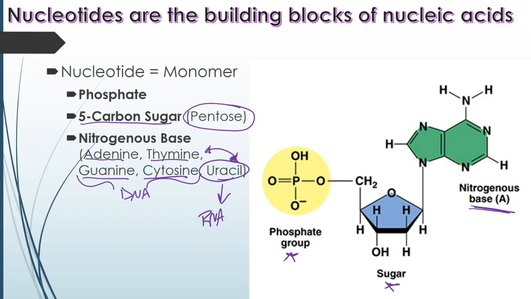So RNA is composed of adenine, guanine, cytosine, and uracil, while DNA is composed of adenine, thymine, guanine, and cytosine. All nucleic acids are composed of nucleotides with any of four nitrogenous bases, depending on the type of nucleic acid we're talking about.